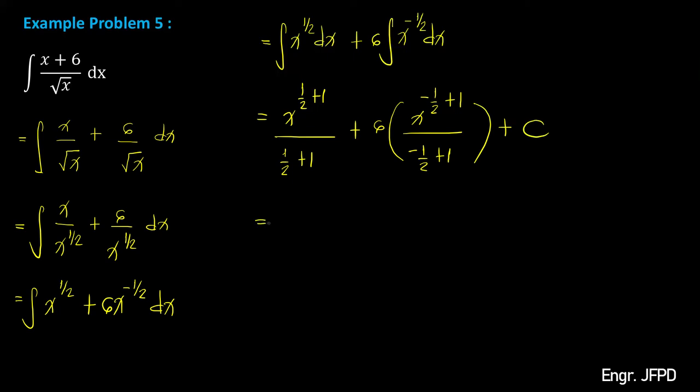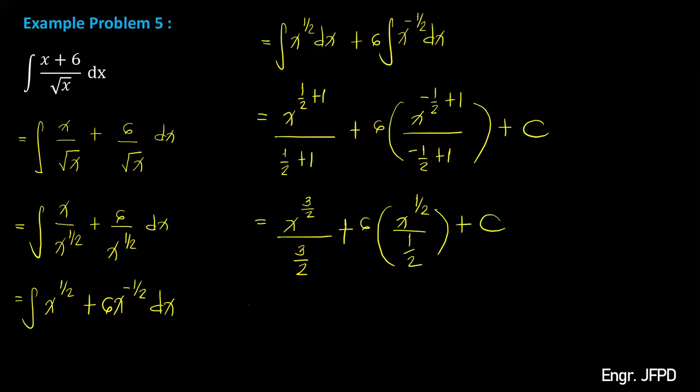Then this is now equal to x. 1 half plus 1 is equal to 3 over 2, and this is now x raised to 3 halves over 3 halves, then plus 6. Then, for x raised to negative 1 half plus 1, negative 1 half plus 1 is equal to positive 1 half, and this is x raised to positive 1 half over 1 half, then plus c.